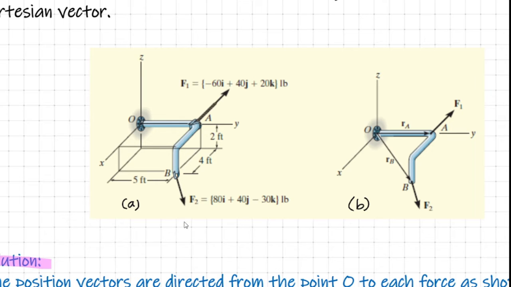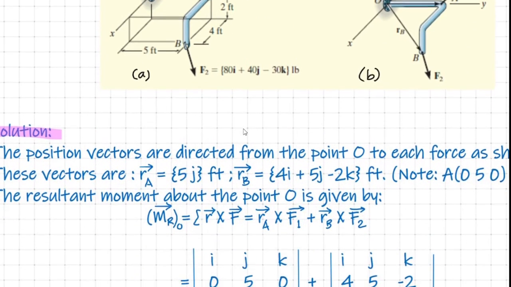Similarly, for F2, we need the position vector of any point on the line of action of the force F2 about the point O. In this case we can use a position vector drawn from point O to point B, as RB, for the computation of the moment produced by F2. So let us proceed for the calculations.